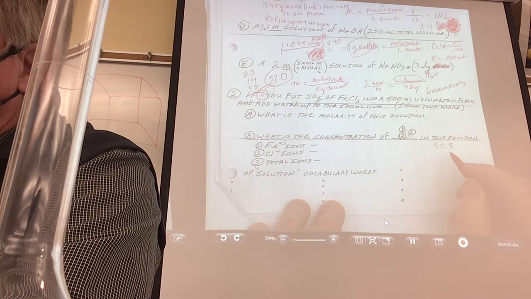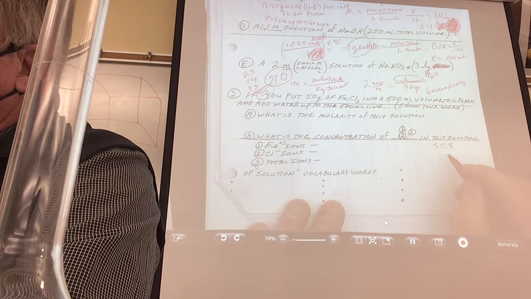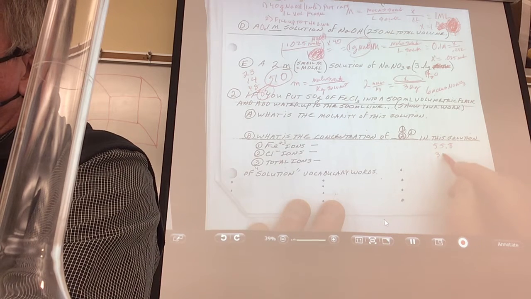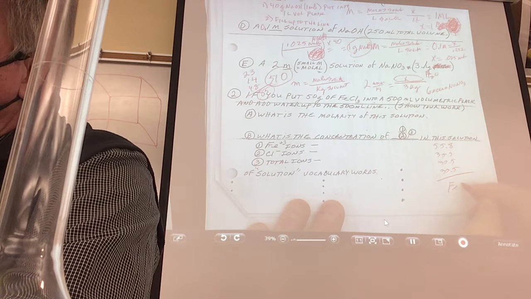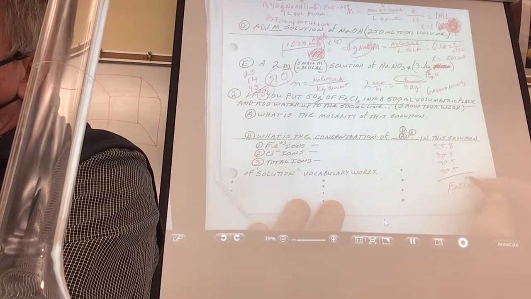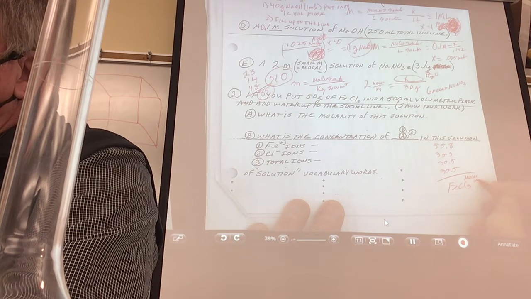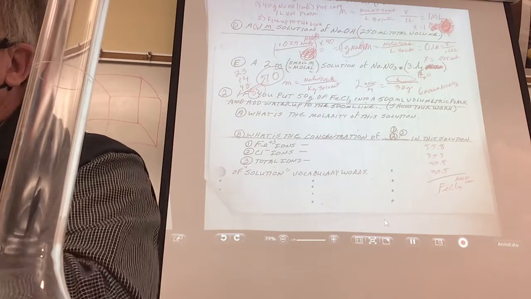Then you've got to divide that by 50 to find how many moles. No, that's just the number of moles you have.